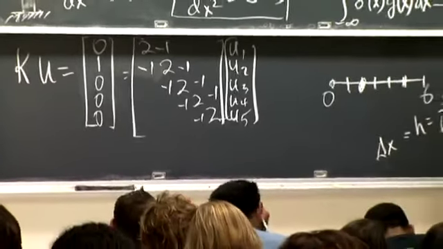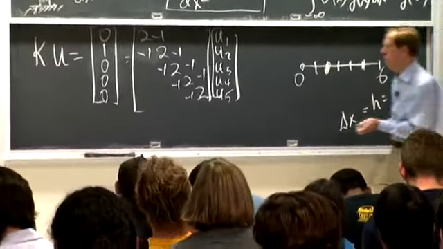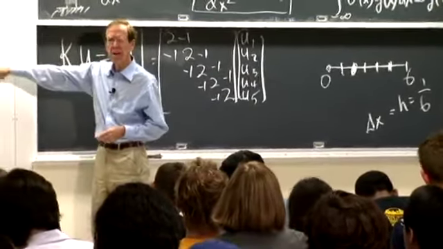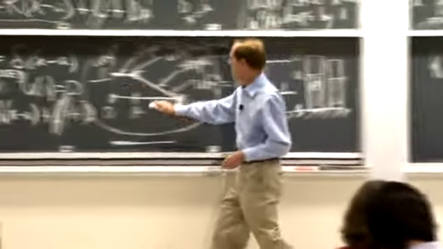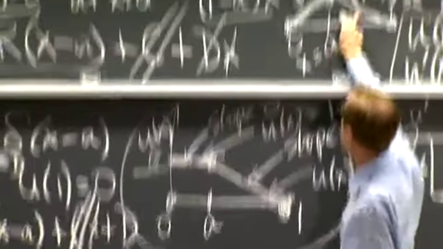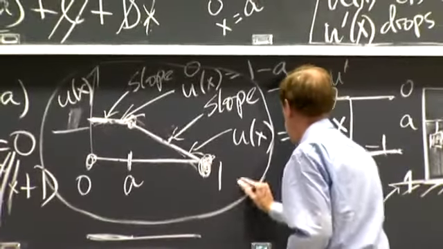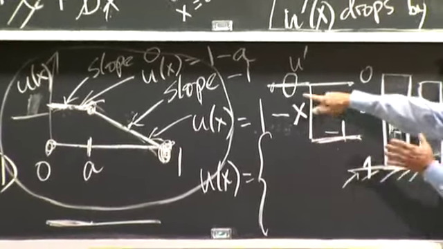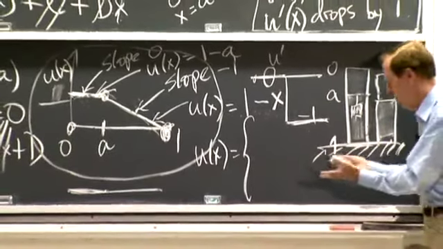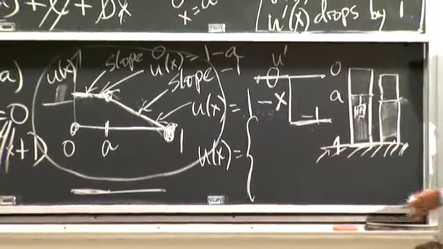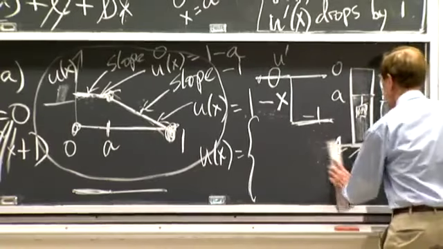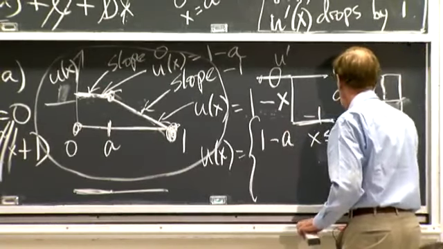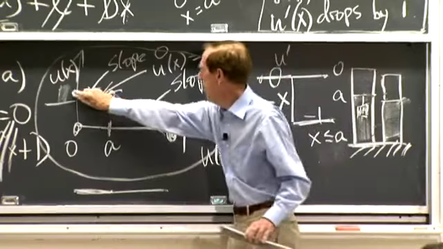Okay. Now, can I draw the picture here? Which should we do first? Shall we do free fixed? Because that came out even easier than fixed. Notice the solution here had 2 parts. This is the way I would write that answer. Because you could draw a picture, but if you want to write the formula, what would I do? I would break it into two pieces. 1 minus a up to the point a, because that's what it was running along here.